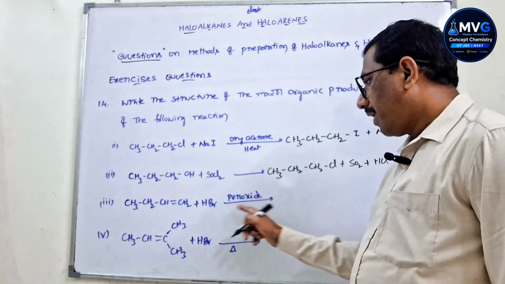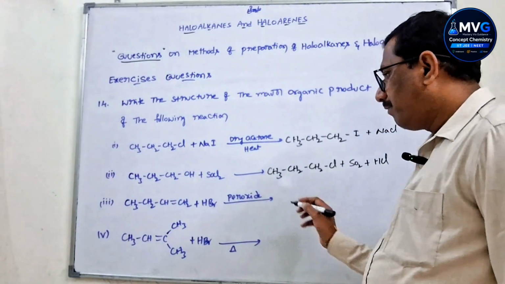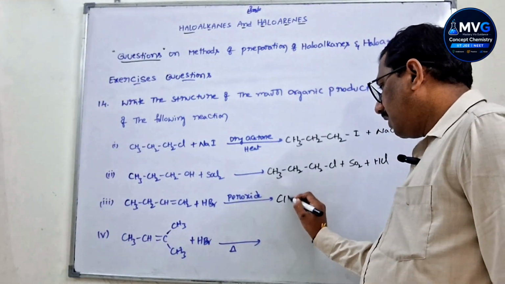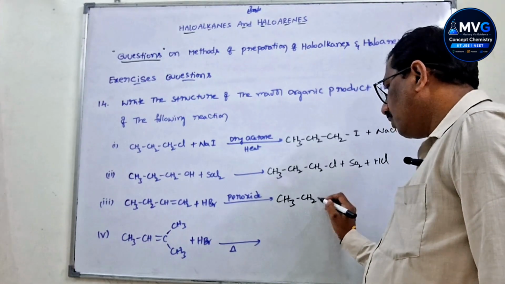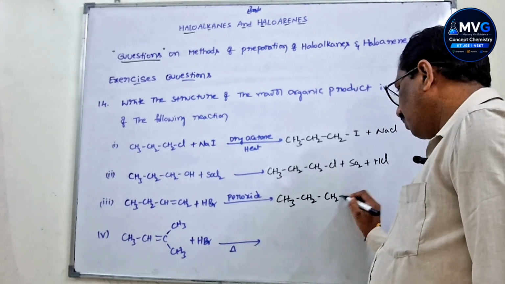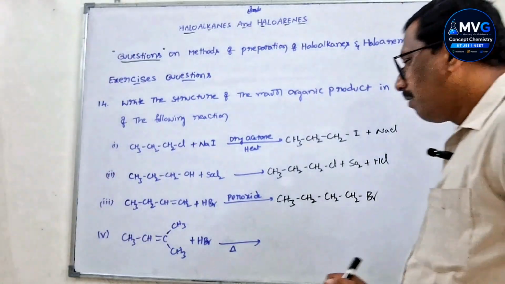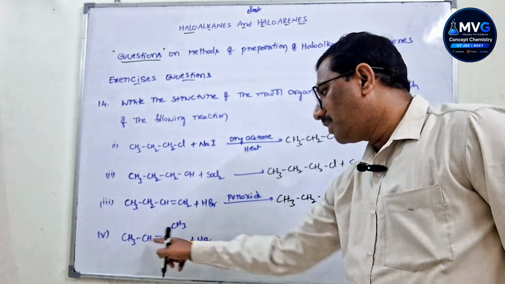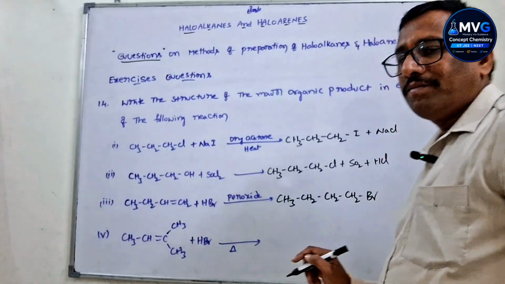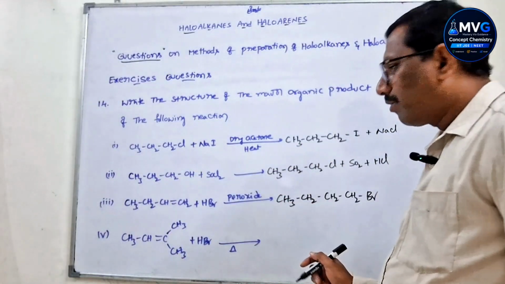Okay, next, peroxide is there, means anti-Markovnikov rule. CH3, CH2, CH2, CH2Br, anti-Markovnikov rule. Markovnikov rule, students: bromine goes to the less hydrogen side, hydrogen to the more hydrogen side. Opposite to that one is the anti-Markovnikov rule.